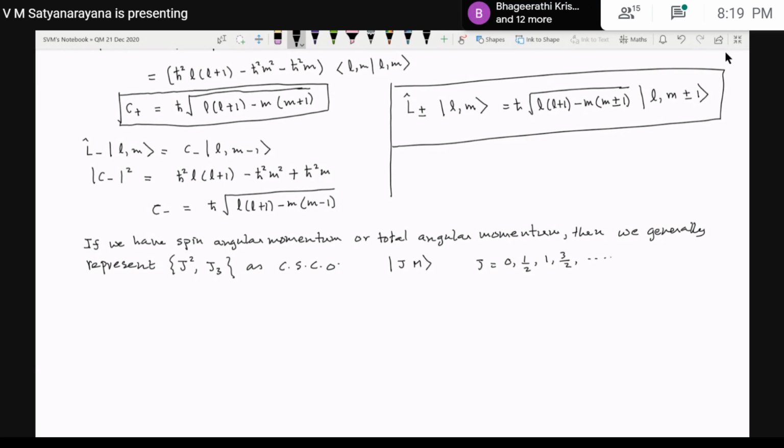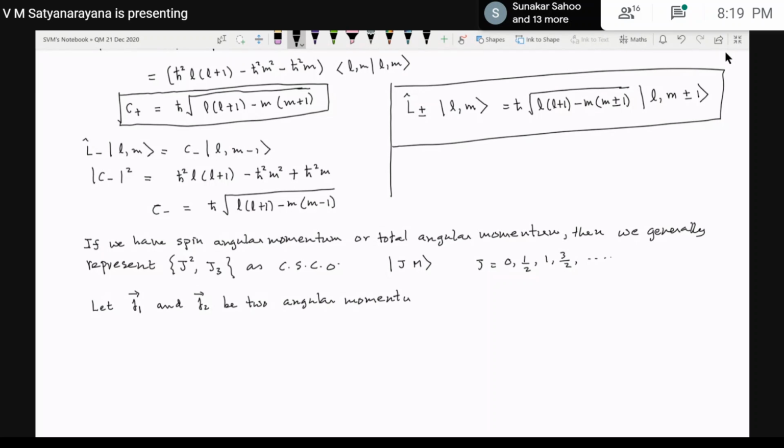Now what we are going to look at is addition of angular momentum. That means, let's say we have J1, this is a vector, and J2 be two angular momenta.